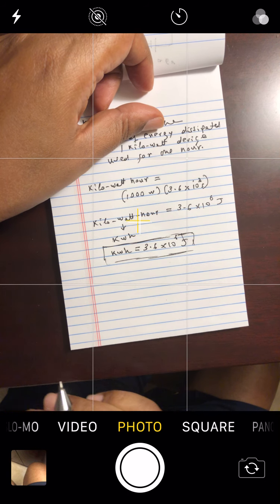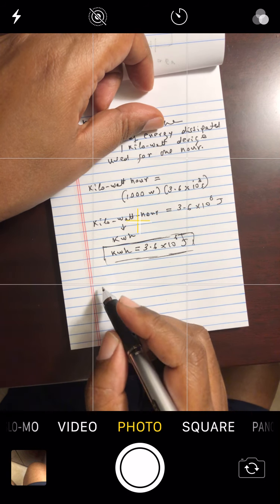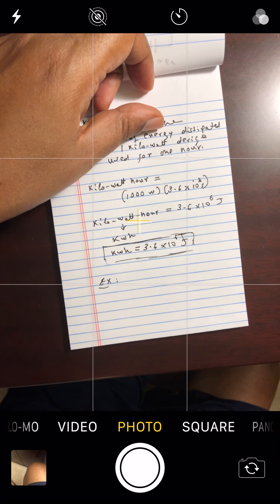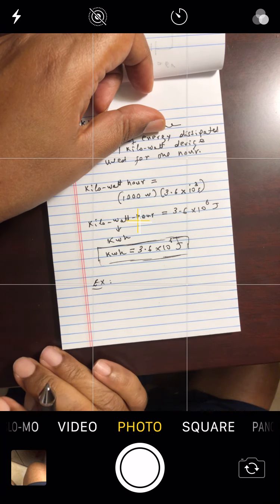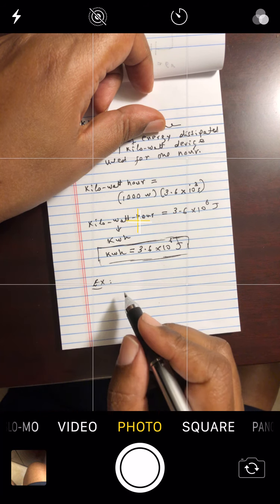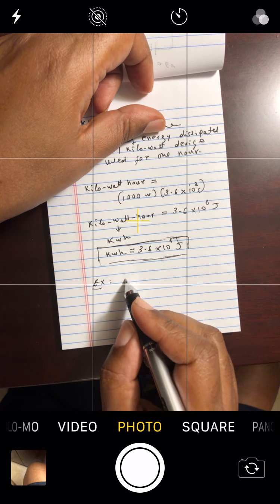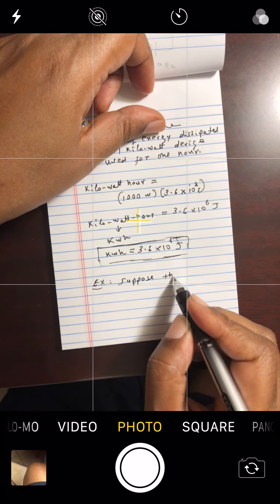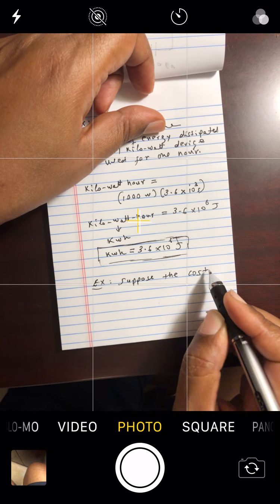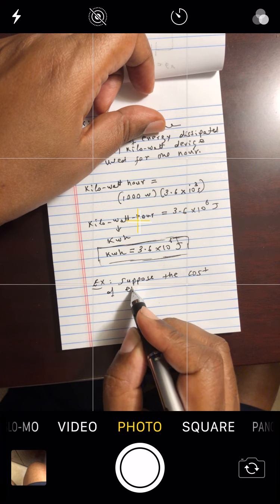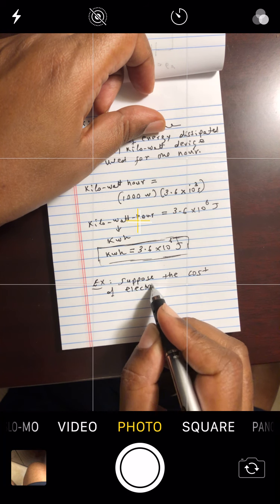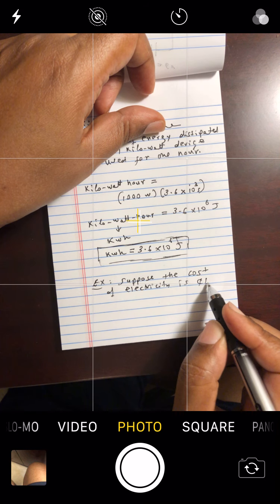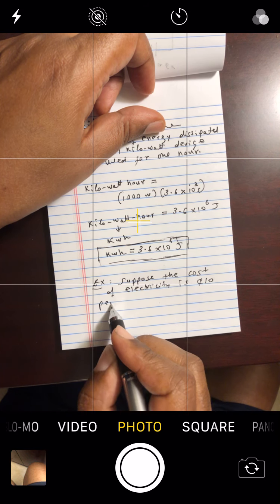All right, now let's consider an example. Suppose the cost of electricity is, let's say, 10 cents per kilowatt hour.